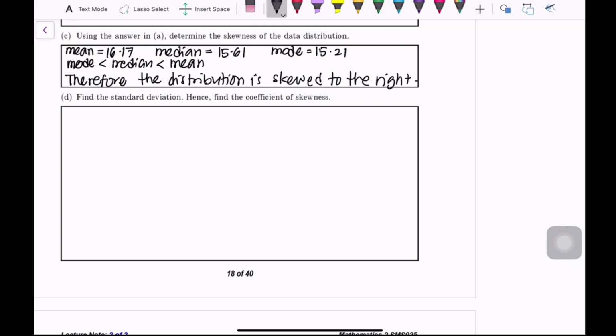D. Find the standard deviation, hence find the coefficient of skewness.